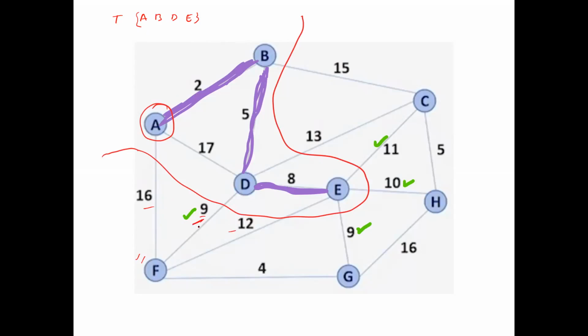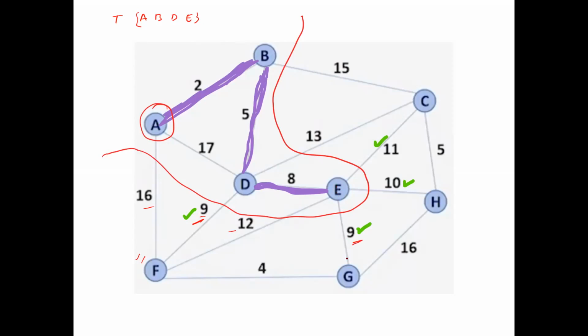So the edge of weight 9 will be considered here. Similarly, going to the vertex G, there is just a single edge going to the partition containing the set T, that is from E.